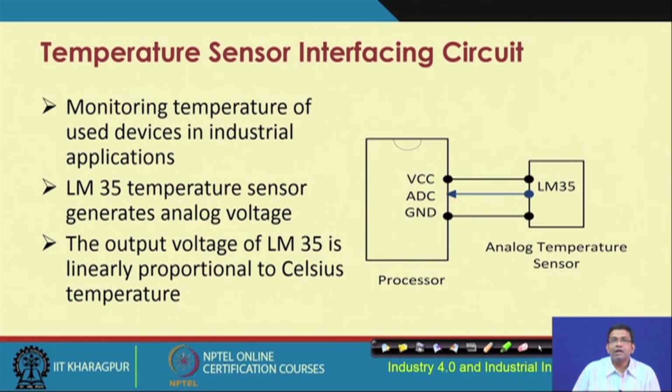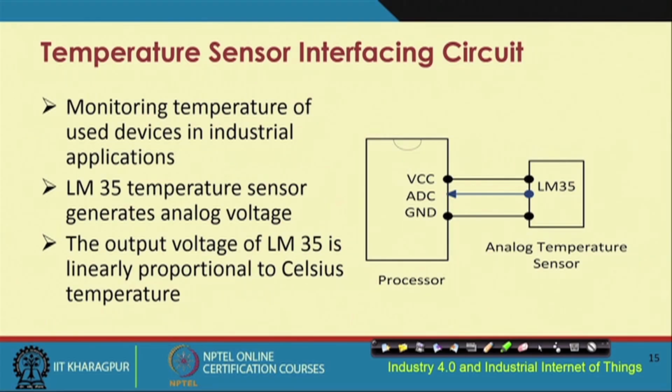Temperature sensors are required to monitor whether certain parts of the product that is being manufactured stay below a certain threshold, or whether a certain compartment or chamber in the factory is staying below a certain temperature threshold. So, temperature monitoring is very common. It is very much required in most of the smart factories and manufacturing plants.